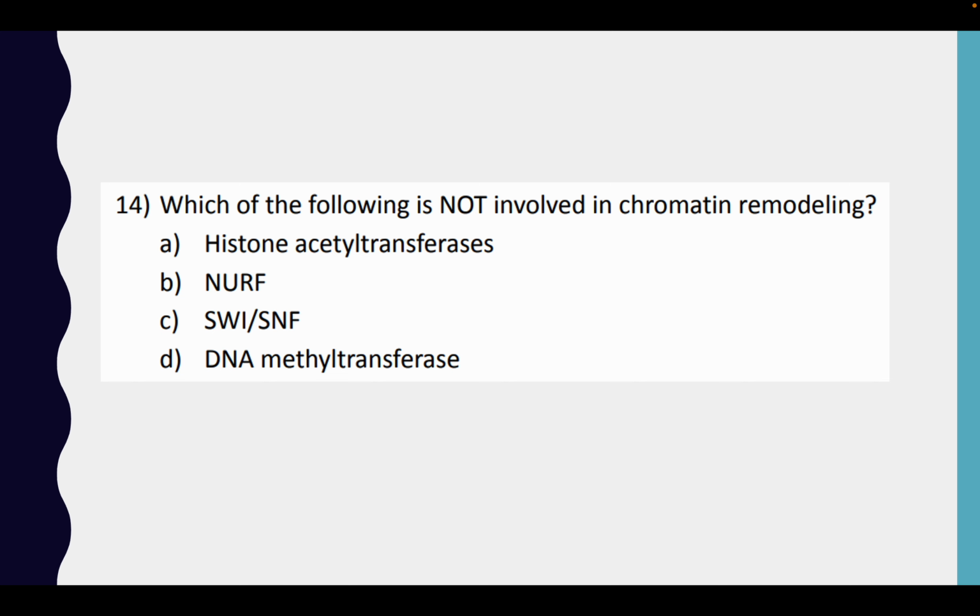Which of the following is not involved in chromatin remodeling? Anyone?